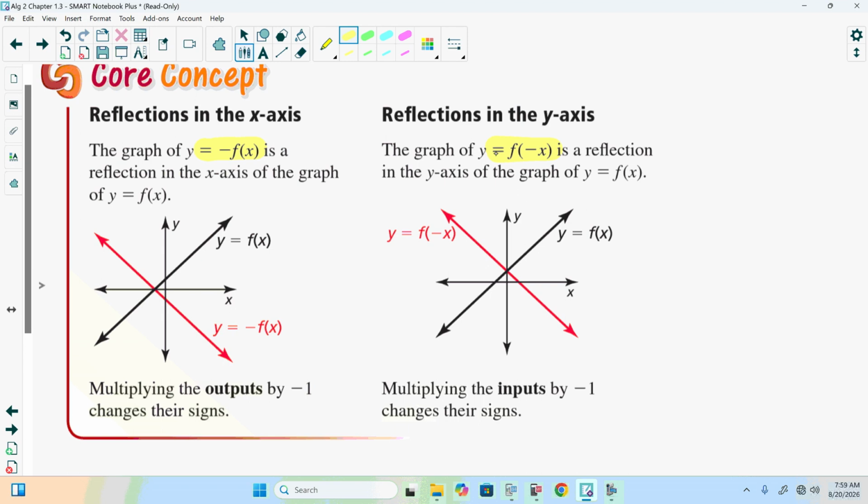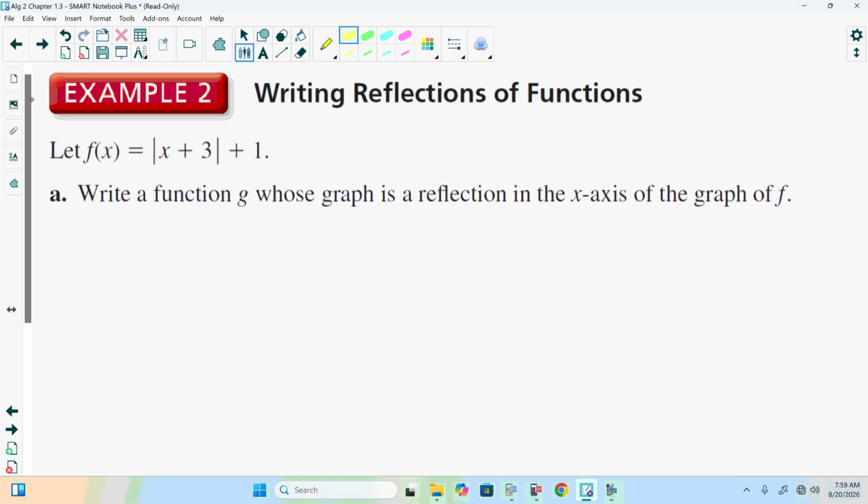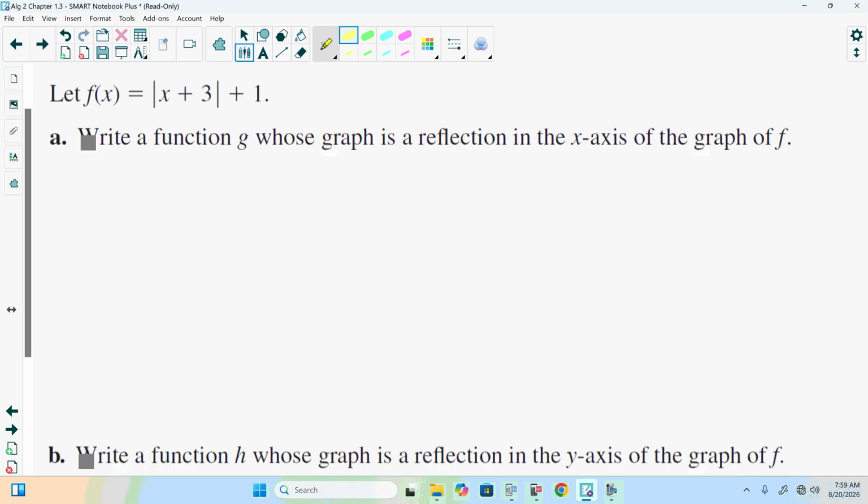So just like we did yesterday with horizontal translations, moving it up, down, left, or right, where we stuck with those general forms, same thing with reflections. So when we look at this first one here, let f of x equal the absolute value of x plus 3 plus 1, write a function g whose graph is a reflection in the x-axis.